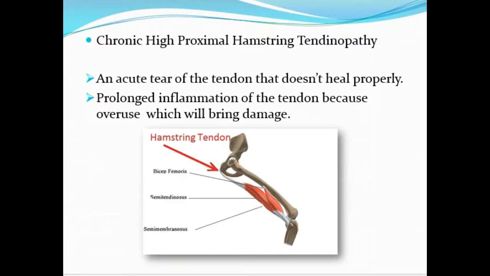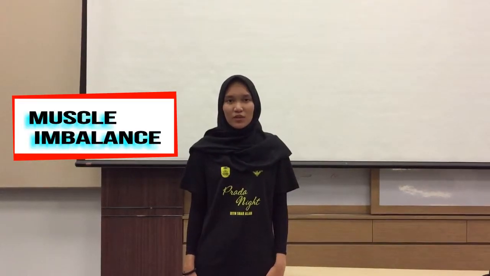A common sport that leads to this chronic high proximal hamstring tendinopathy is sprinting, because of repetitive usage and the hamstring muscles not recovering properly. So the hamstring may become fatigued faster than the quadriceps during high-speed activity.